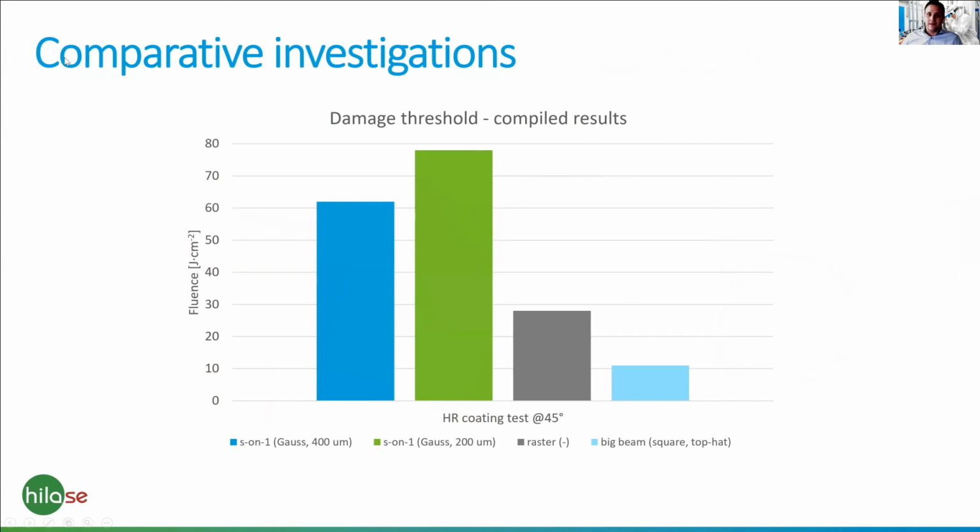Due to these different conditions, we can also do some comparative investigations. And what you can see, this is the example of the HR coating test at 45 degrees angle of incidence. And you can see that with different beam parameters, different size of the beam, we were able to have different values of the fluence.